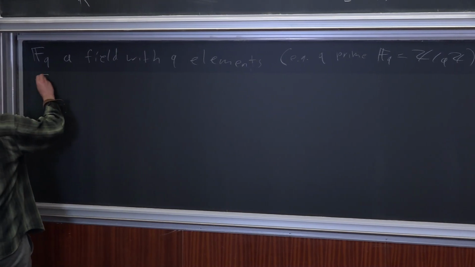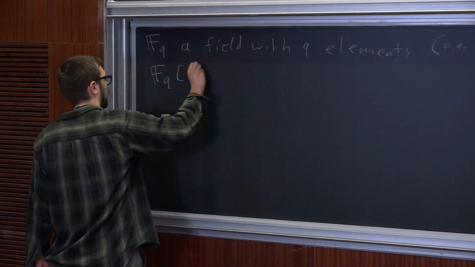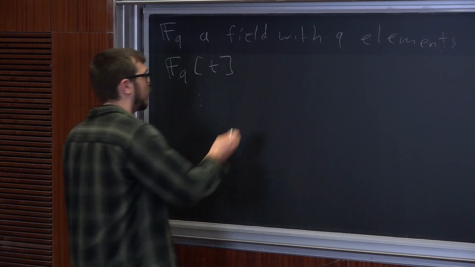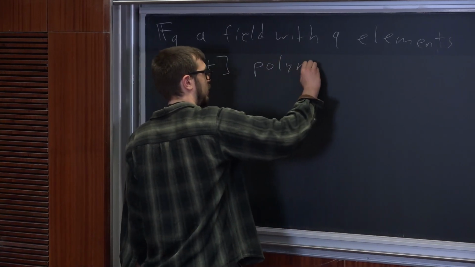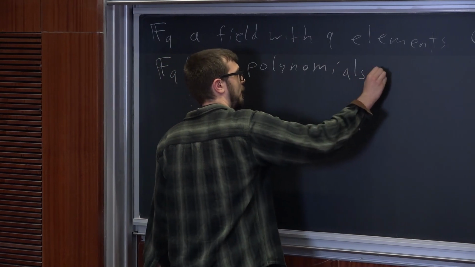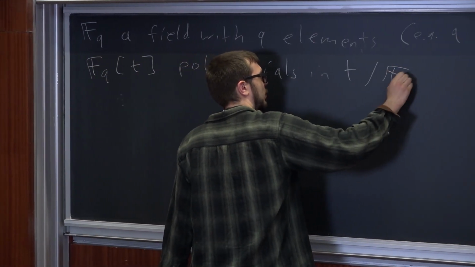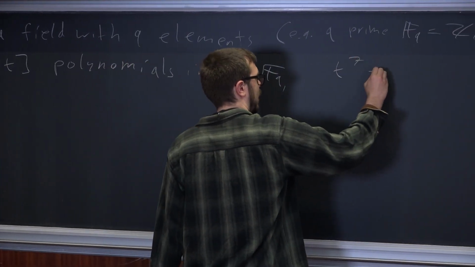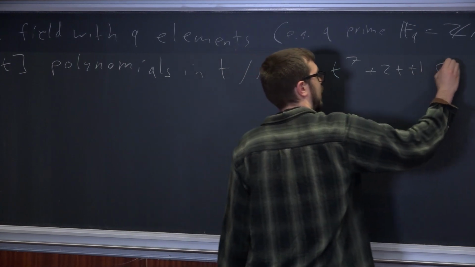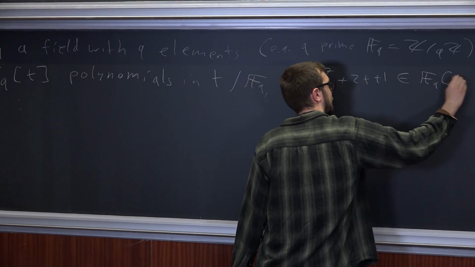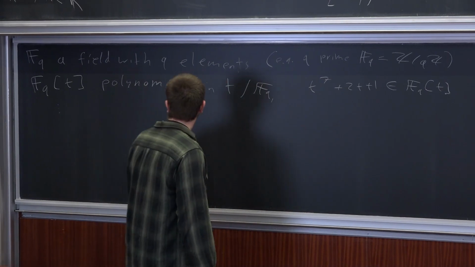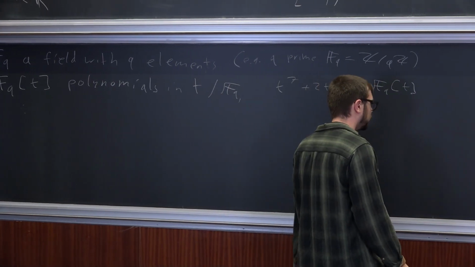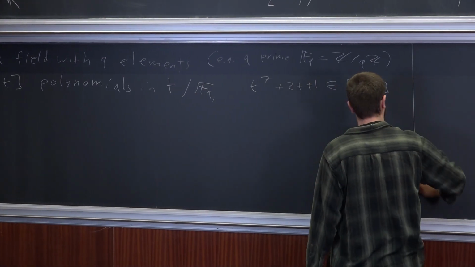And by F_q adjoin t, I mean the polynomials in one variable. So I just mean expressions like t to the 7 plus 2t plus 1 would be an element of F_q adjoin t.